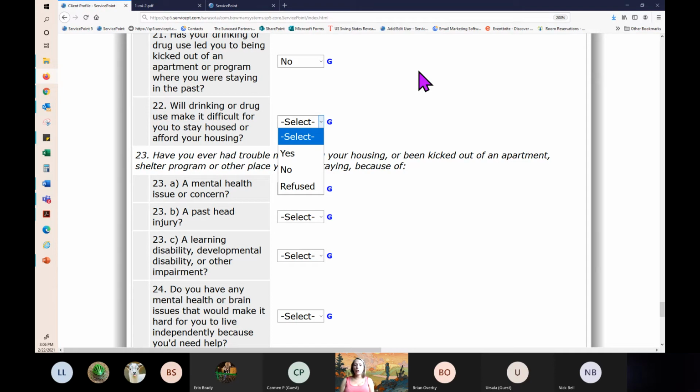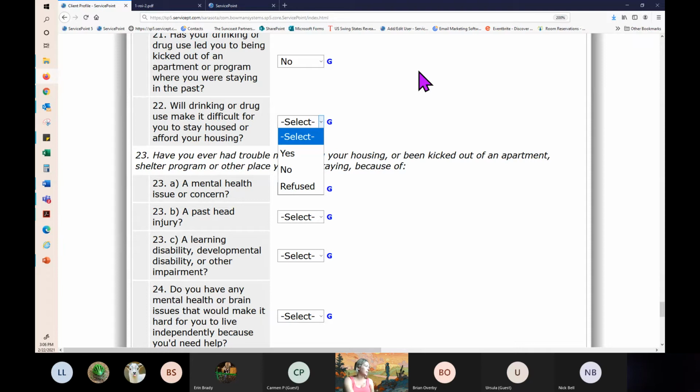So when we're asking, will drinking or drug use make it difficult for you to stay housed or afford your housing? This is something that is common, that yes, if I am spending all of my money on my crack cocaine addiction, it is going to be very difficult for me to maintain my housing. That's how I ended up homeless, or whatever the case may be.